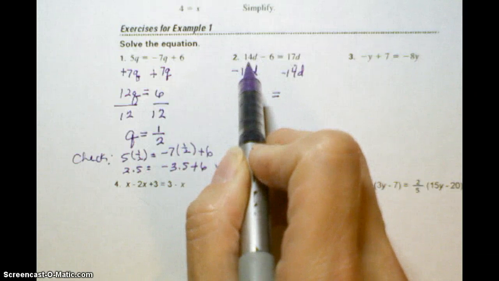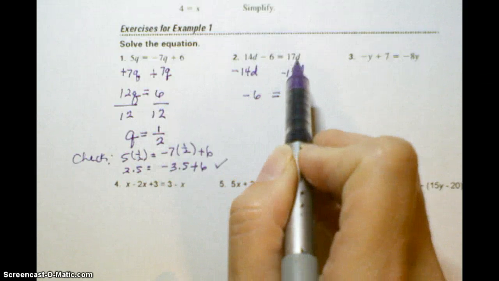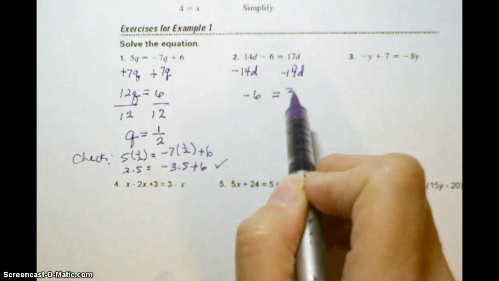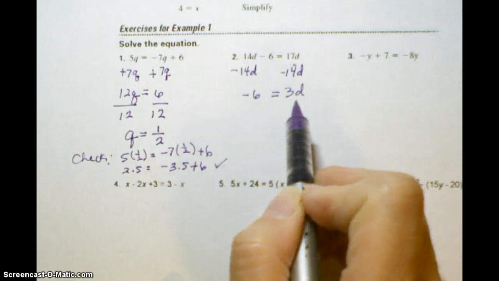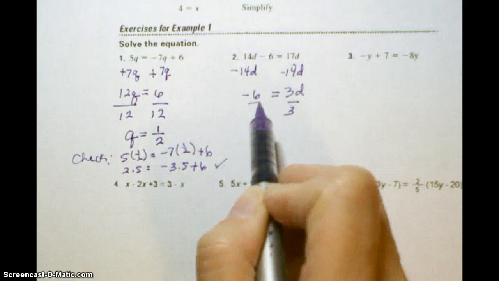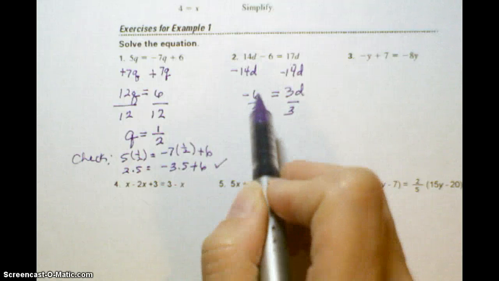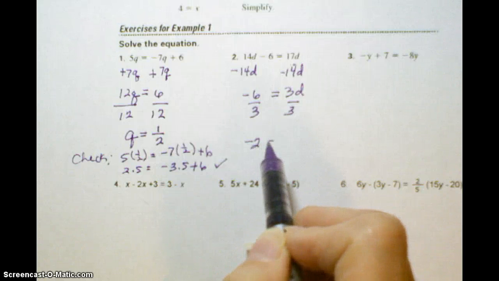So what's left? Negative 6. What are 17d's minus 14d's? 3d's. d is multiplied by 3. So to undo multiplication, I would divide by the same thing on both sides. Negative 6 divided by 3 is negative 2, and that equals d.